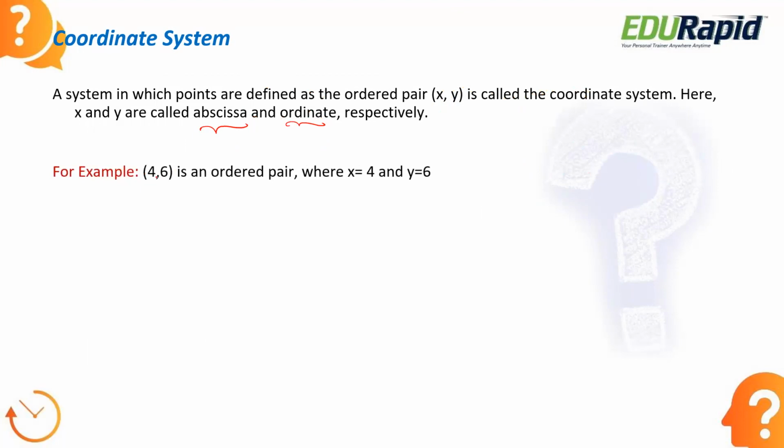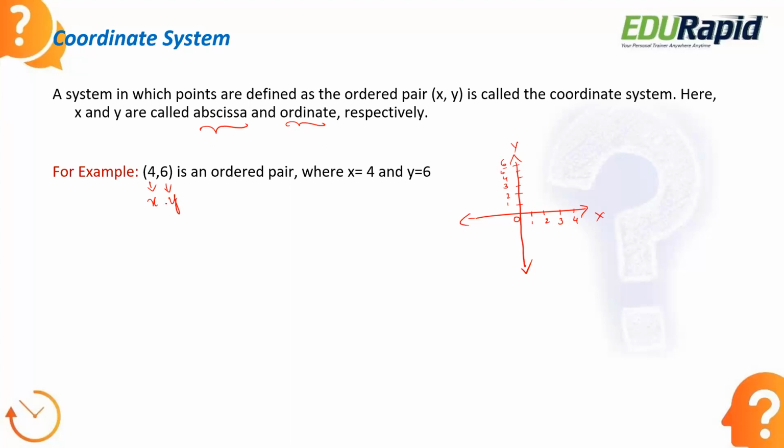So if you consider this example, 4, 6 is an ordered pair. So how do you consider that? Here, the first number is on the X axis and the second number falls on the Y axis. So if we consider a two-dimensional figure where we take X and Y axis, if you mark the origin as so, and then 1, 2, 3, 4, and then here 1, 2, 3, 4, 5, 6.